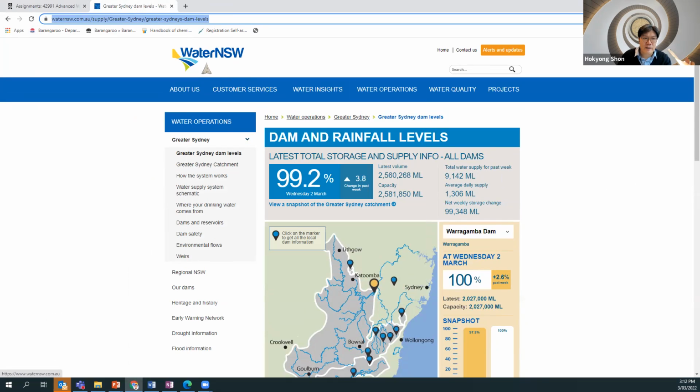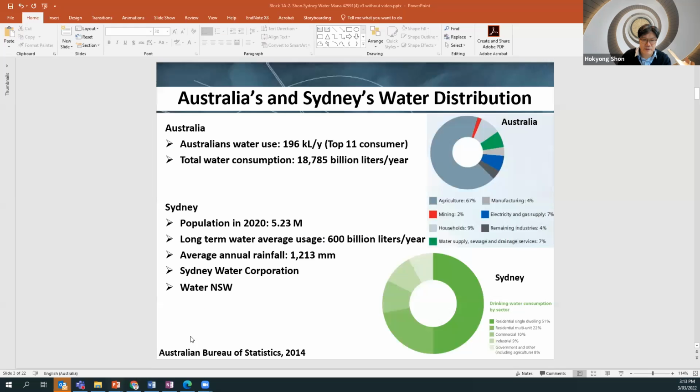On the other hand, Water New South Wales covers the dams and rivers in the New South Wales area. That's the main difference between Sydney Water and Water New South Wales. They separate their own roles and main responsibilities.